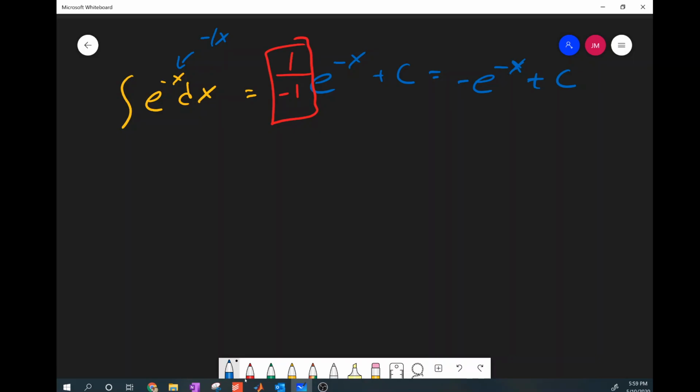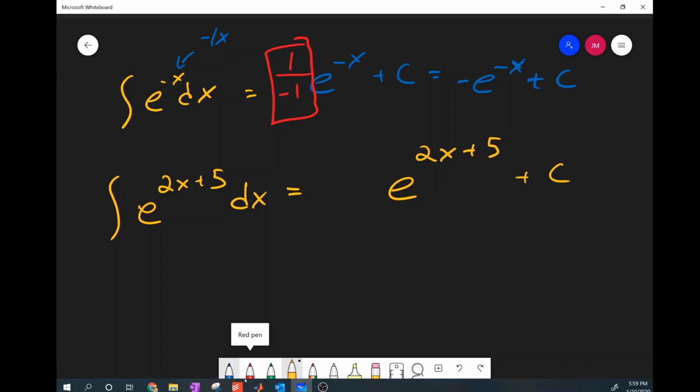Let's keep going. Suppose it was a little trickier. Suppose it was integration of e to the 2x plus 5 dx. When I do that integration, again, my exponent stays the same. Even though I have that plus 5, it's not going to affect when I take the antiderivative. And we're going to be left with my plus c. And we need to figure out what goes here.